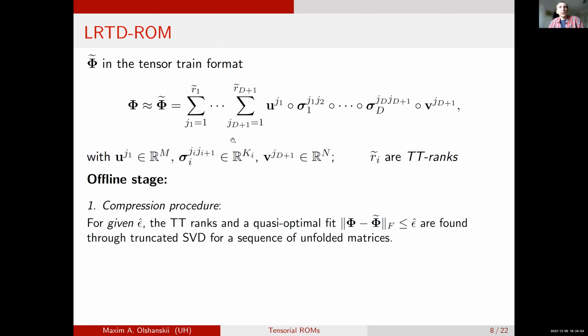So we find this phi tilde, this approximation, and for TT format and for Tucker format, for high order SVD, this can be done based on truncated SVD for some unfolded matrix. So the computational costs are essentially the same as for POD. Same tool. So this is our compression procedure on the offline stage.